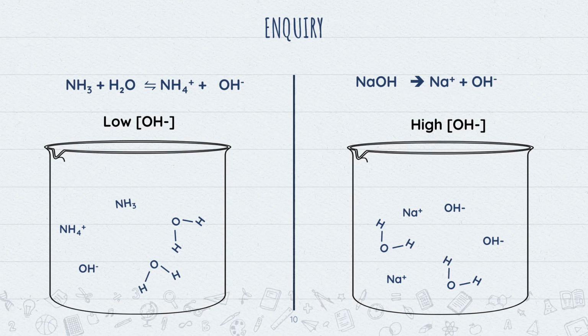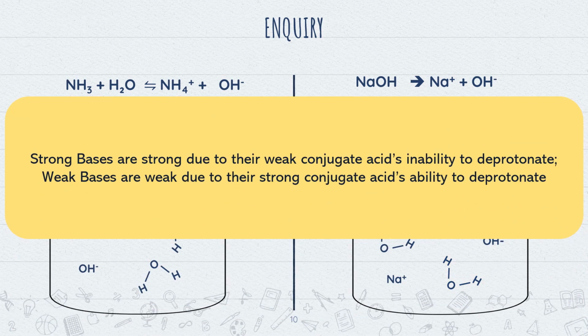Likewise, in a similar vein, when we compare the strength of a weak base or strong base, we can also derive this relationship of a strong base having a weak conjugate acid and a weak base having a strong conjugate acid. And how can this information be useful for us in the later part of the topic?